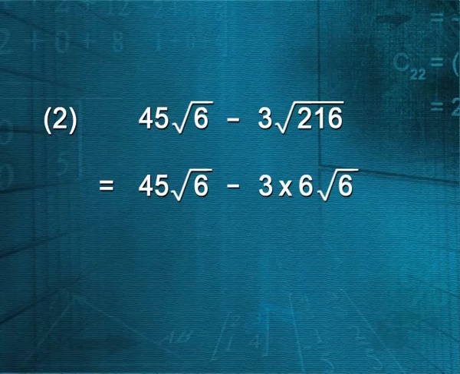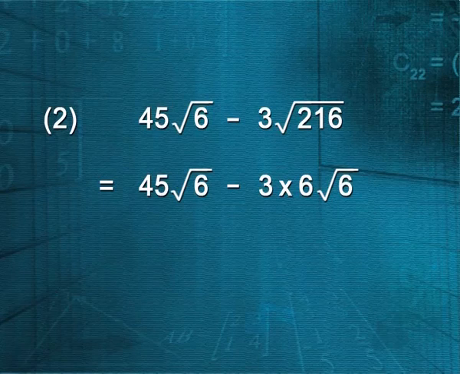Since it is under root 6 into 6 into 6, you can take one 6 outside and you will be left with 6 root 6. So instead of writing 216 under root, we will write 6 root 6, and 3 is outside, so 3 will be multiplied by 6 and you will get 18 root 6.